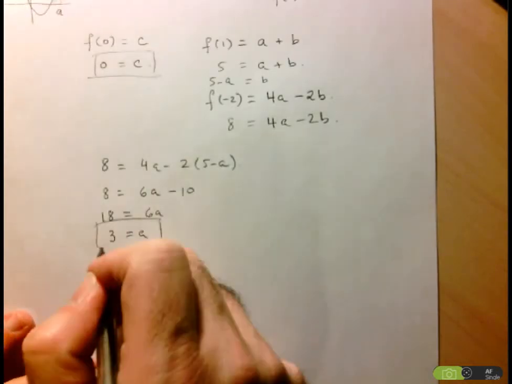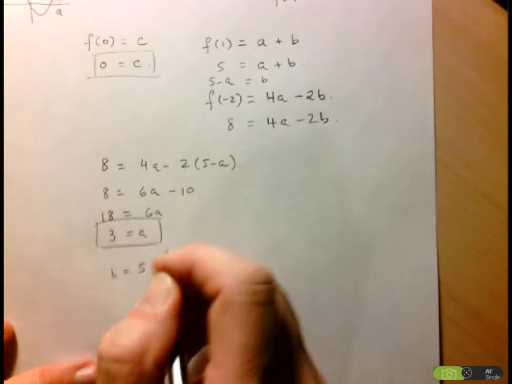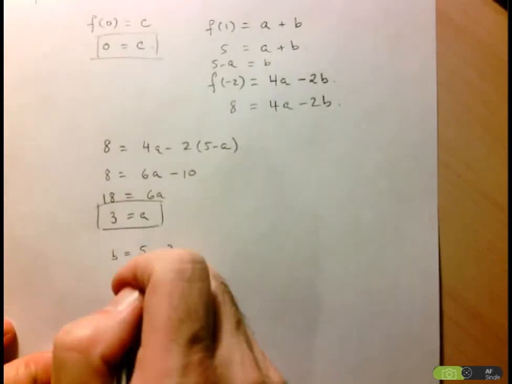Now we can go back, and b is just equal to 5 minus a, so 5 minus 3 is equal to 2.